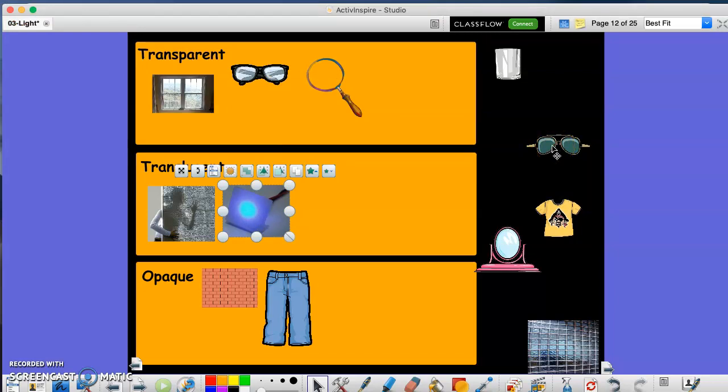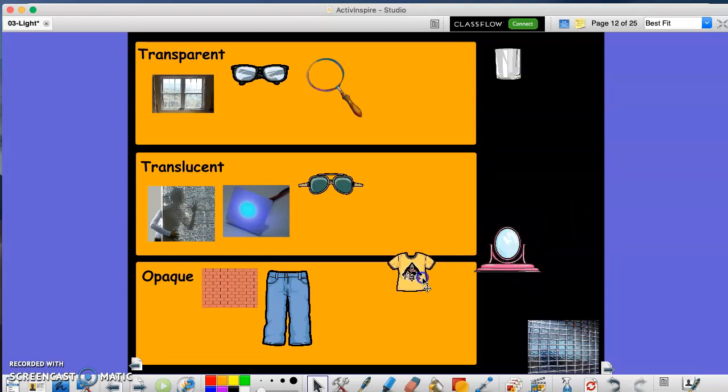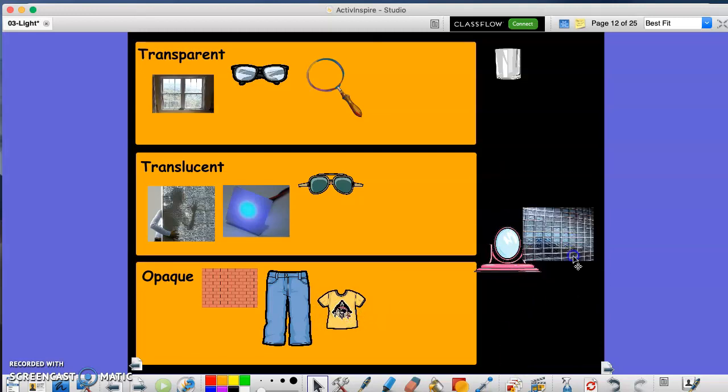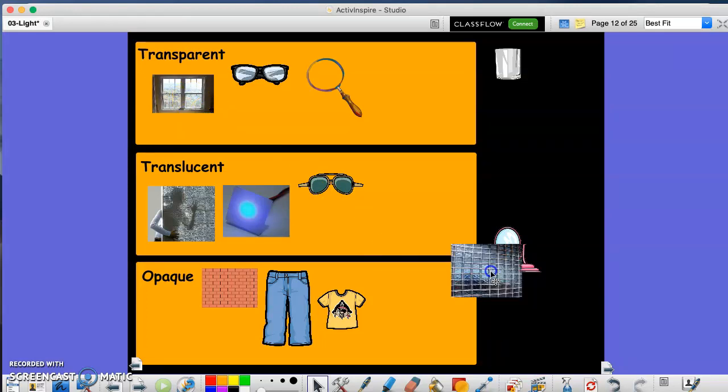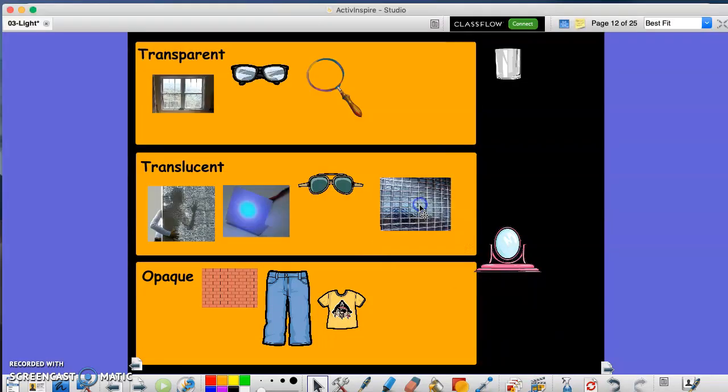Can we see through them, but not all the way? That also would be translucent. How about a t-shirt? If you think that's opaque, like the jeans, good job. How about these windows? I can kind of see through them, but they're not quite like this one. You guessed opaque, good job.